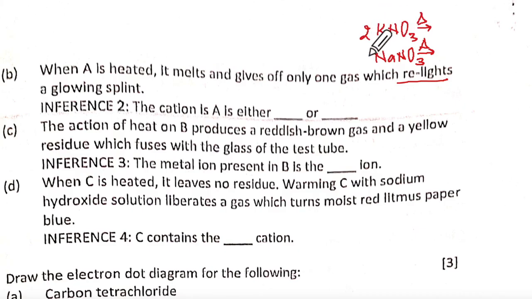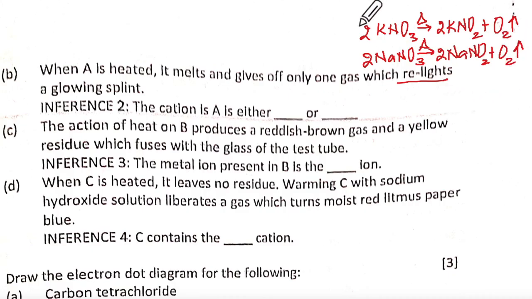And all nitrates are giving this: 2KNO3 gives 2KNO2 plus O2, and 2NaNO3 gives 2NaNO2 plus O2 up arrow. From the PDF that I have given you, make sure you are writing this down if it's not yet written.